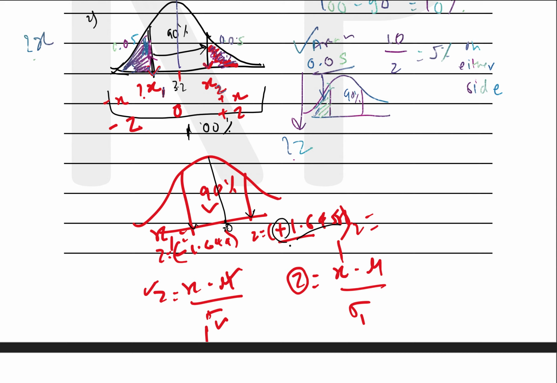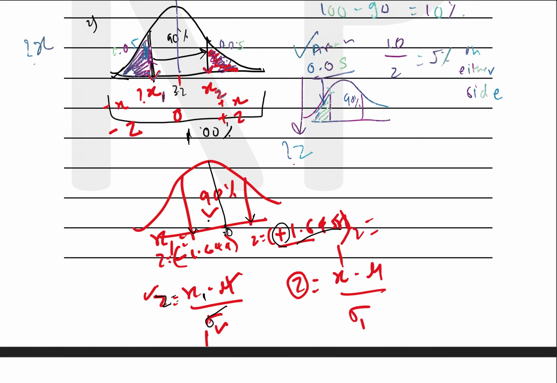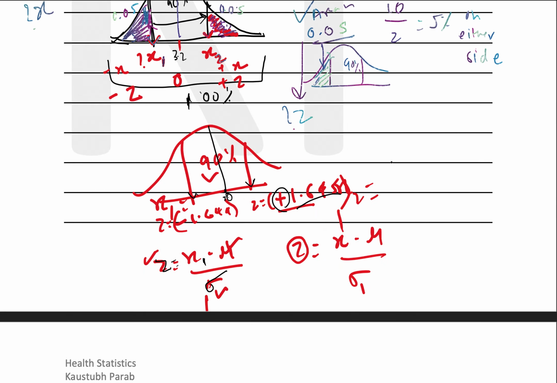So once you know the z, you know the formula z is equal to x minus mu upon sigma. And let's say you call this x1. You don't know this x1 because you have to find this range of arsenic level corresponding to the middle 90%.